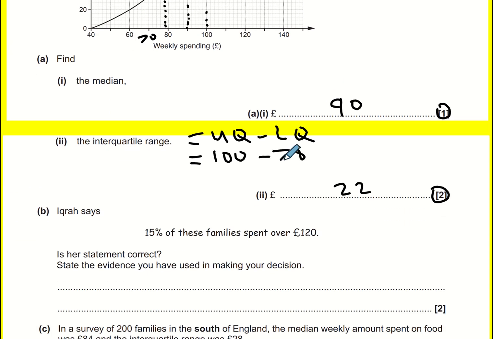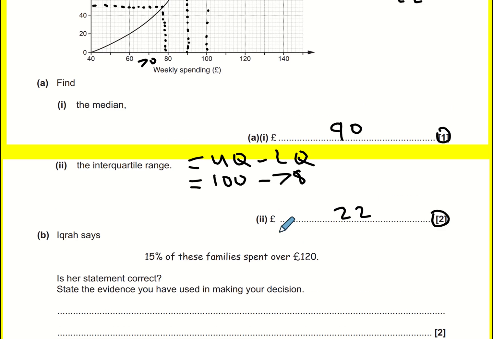Right, Ikra says 15% of these families spent over £120. Is her statement correct? State the evidence you've used in making your decision. So we need to do some calculations here. Remember, cumulative frequency tells us about the people spending an amount or below.